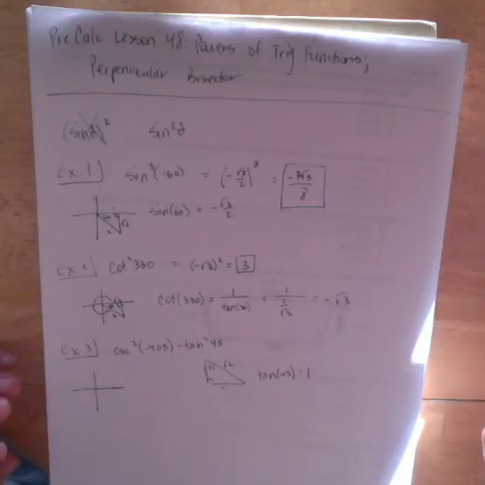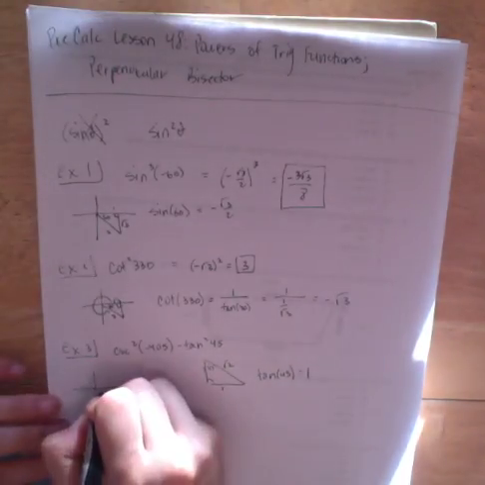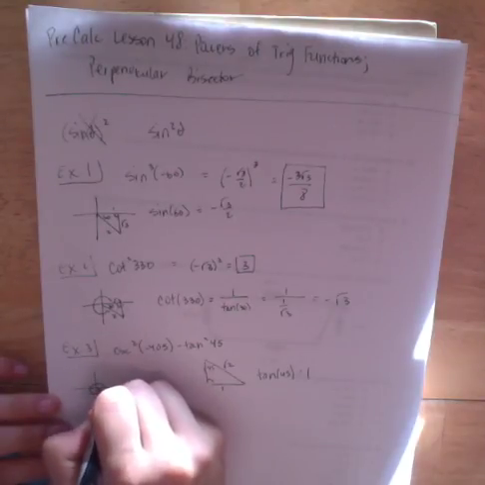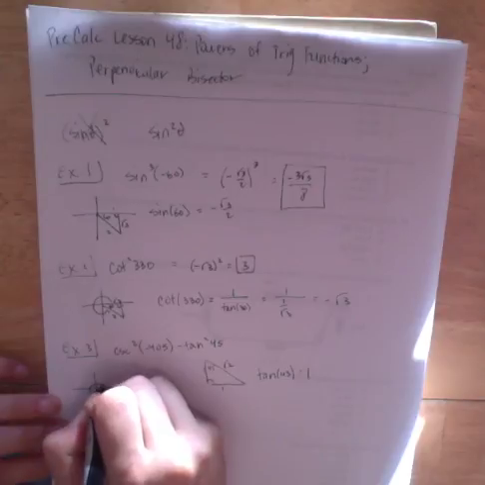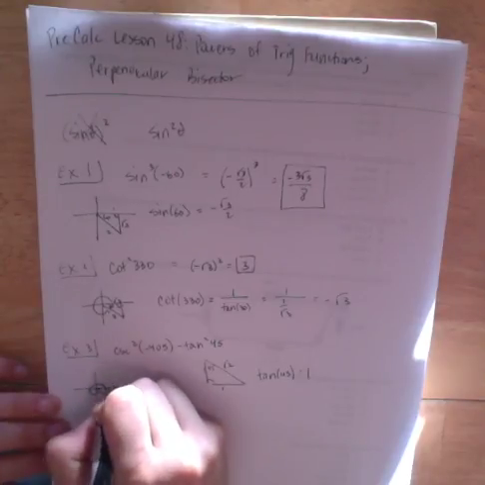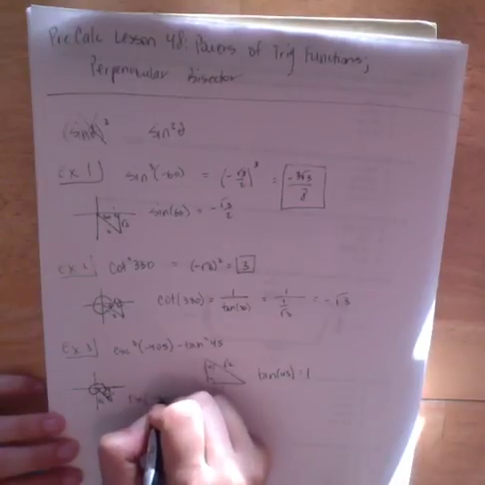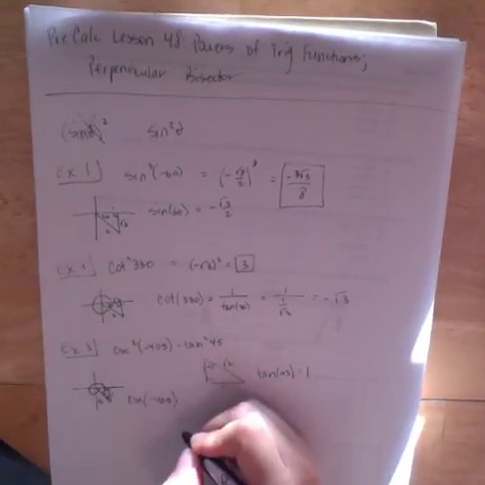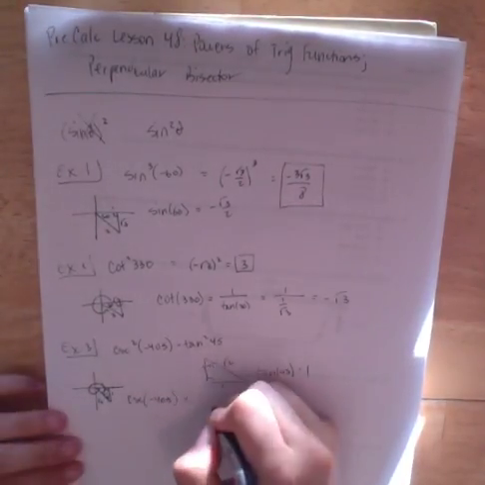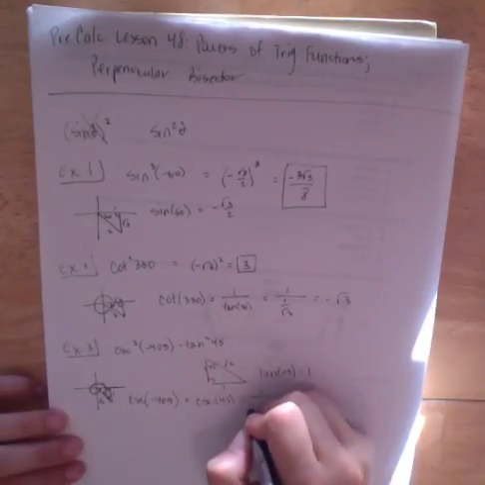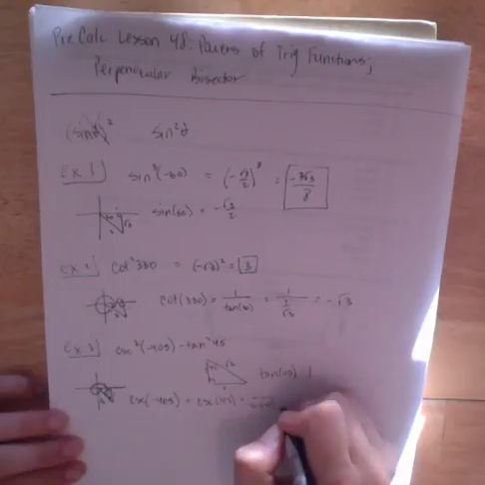So if we have negative 405, it will go all the way around 360, and then we'll go 45 past. So again, I'll have 1, 1, root 2, so it'll be 45. So the cosecant of negative 405 is the same thing as the cosecant of 45, which is 1 over the sine of 45.